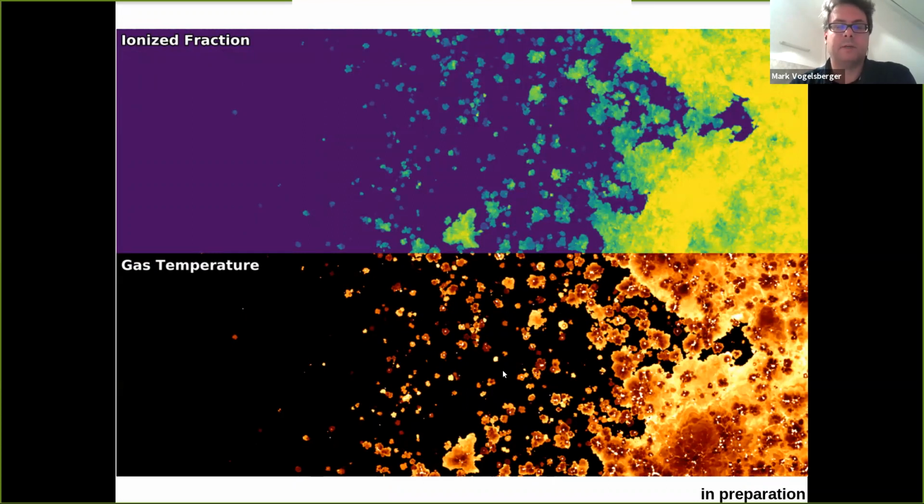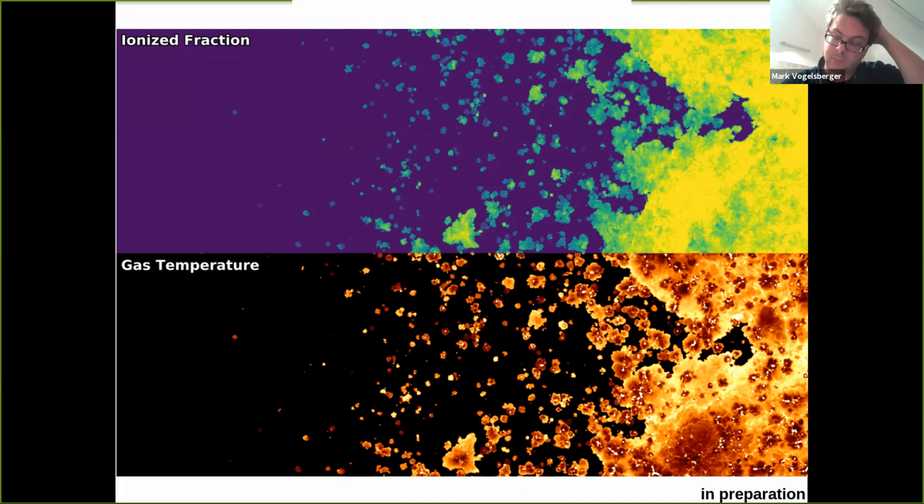Of course, there's a lot of science we can do with that, but this simulation is still running. In terms of the numerical parameters, the box has a side length of approximately 100 megaparsec, and the mass resolution is a bit better than 10 to the 6 in dark matter mass. That's slightly worse than TNG 50, but getting pretty close to that.